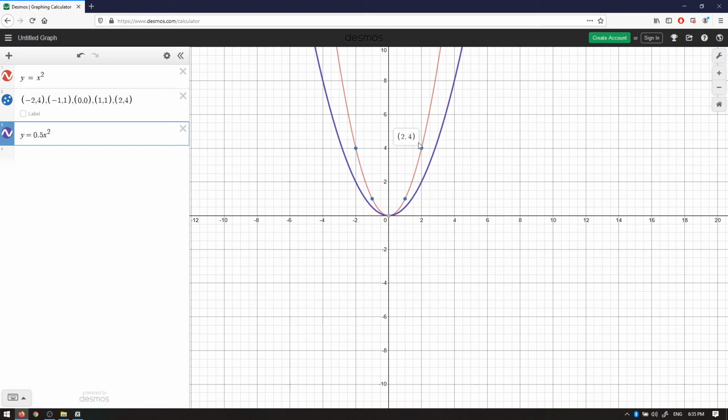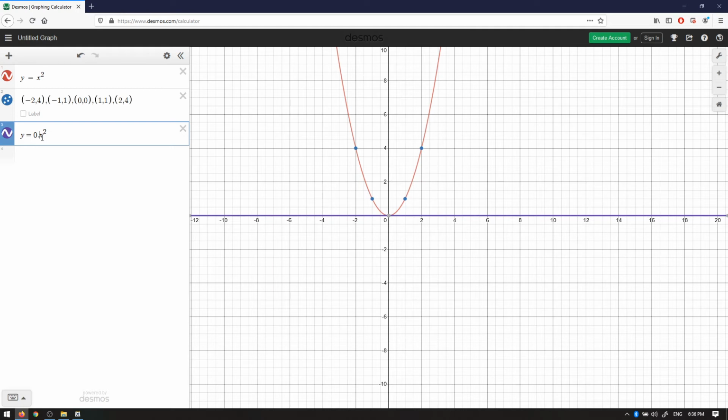So instead of having a curve that's narrower, like before, it is now wider. The curve has basically, instead of been stretched upward, it has been compressed downward. Someone took the ends of the parabola and pushed down, causing a flatter curve. And I don't have to stop at 0.5.